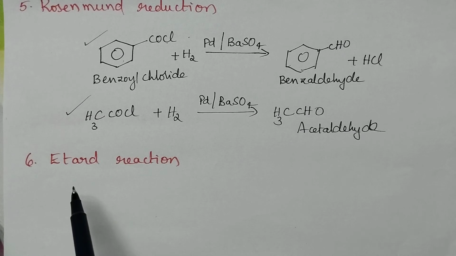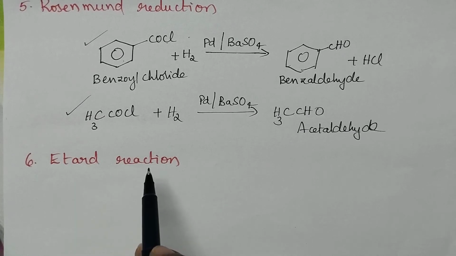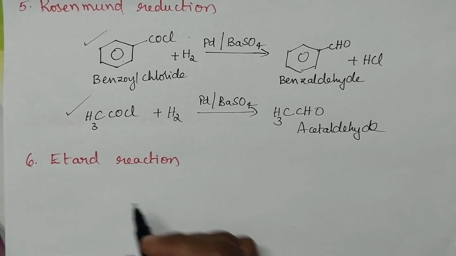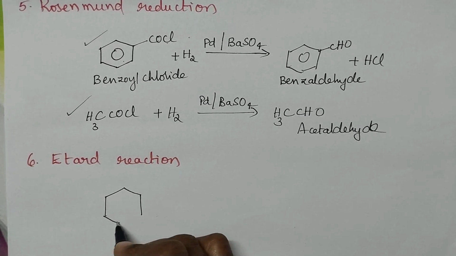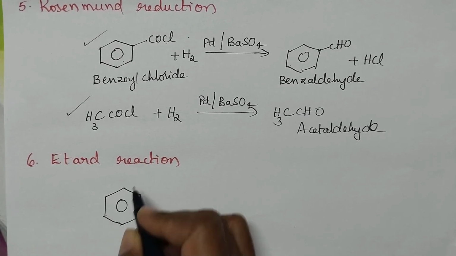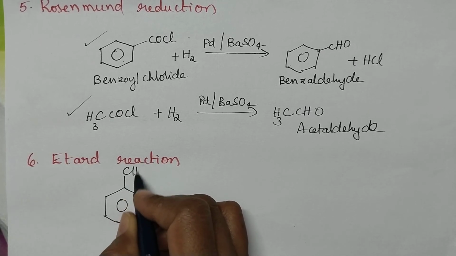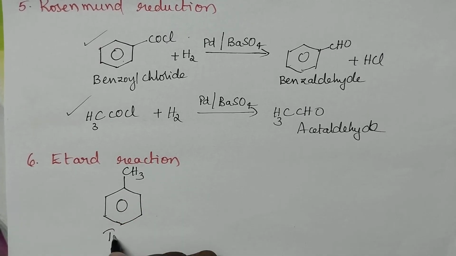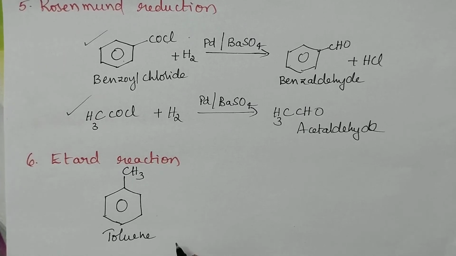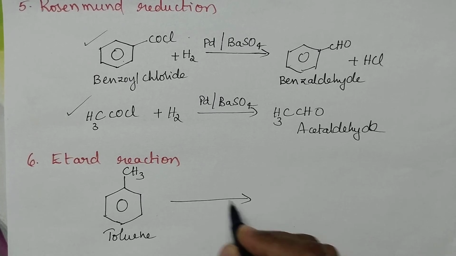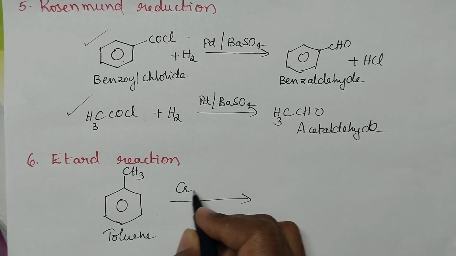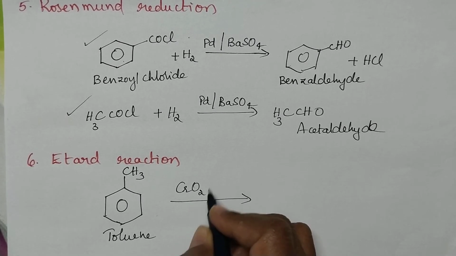Next we will discuss the Etard reaction. So Etard reaction is highly useful for the preparation of benzaldehyde by using toluene. So what is the starting material, students? Here toluene is used as the starting material. So when it is treated with chromyl chloride.